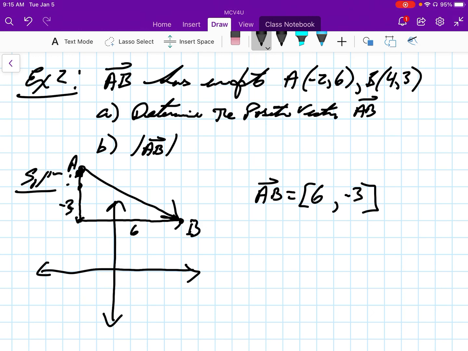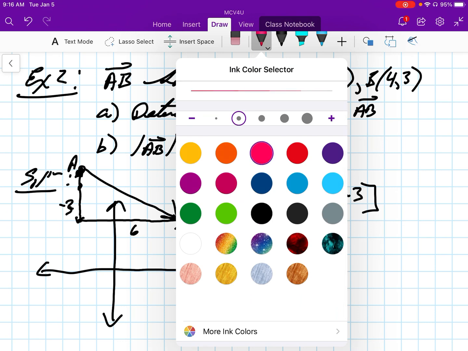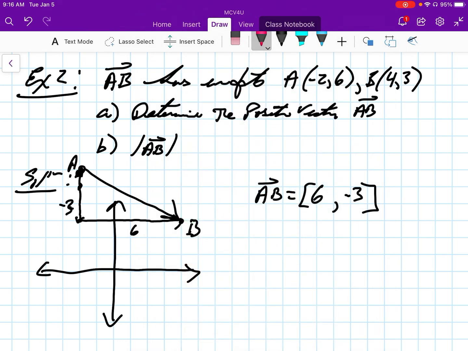Now we want to be able to do this algebraically, so that we don't have to always put our points on the grid and go from one point to the other and figure out our components. If you take a look at the points themselves, we're going to convert them to position vectors.